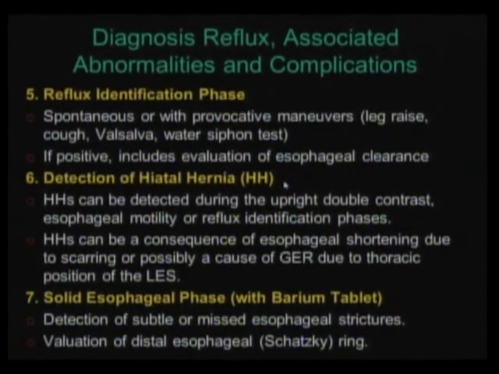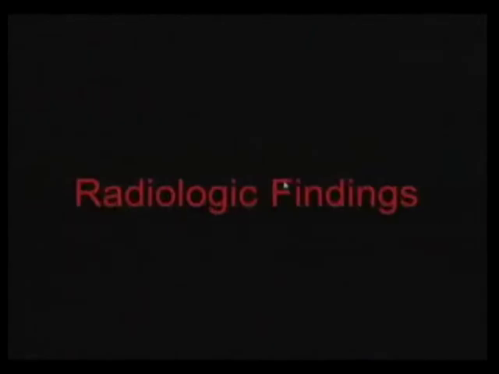And if it's necessary, meaning if we suspect that there are subtle strictures that we cannot visualize, we request the patient to swallow a barium tablet, and we see if the tablet stopped or stuck in any specific location. Usually we use it a lot when we suspect that there is a Schatzki ring. I will show you some cases of that later.